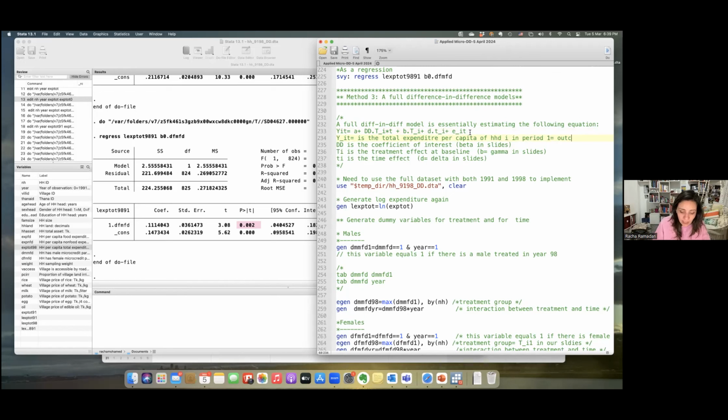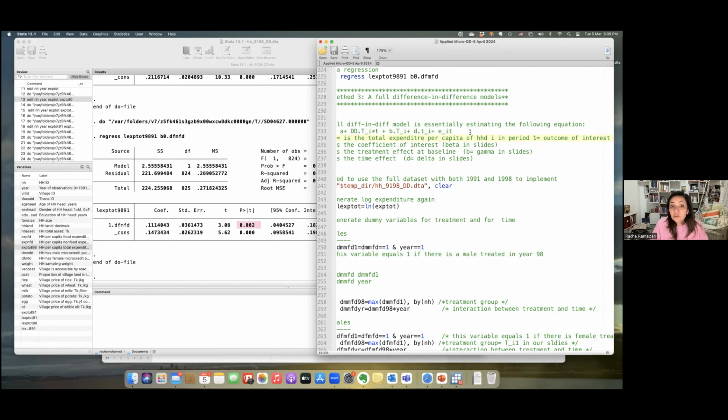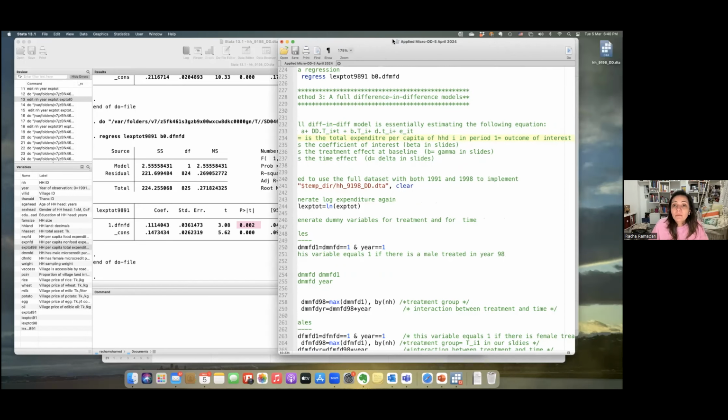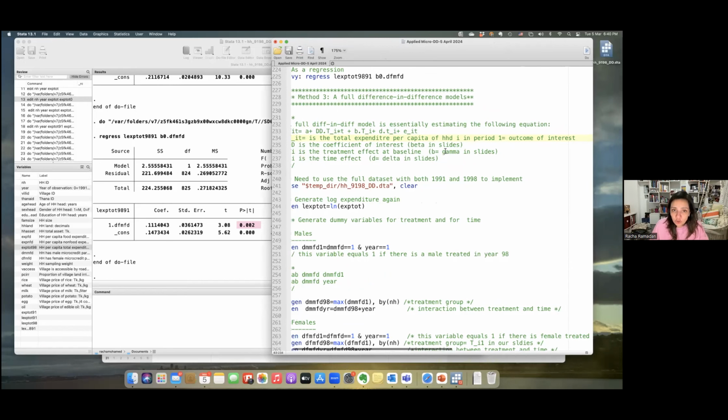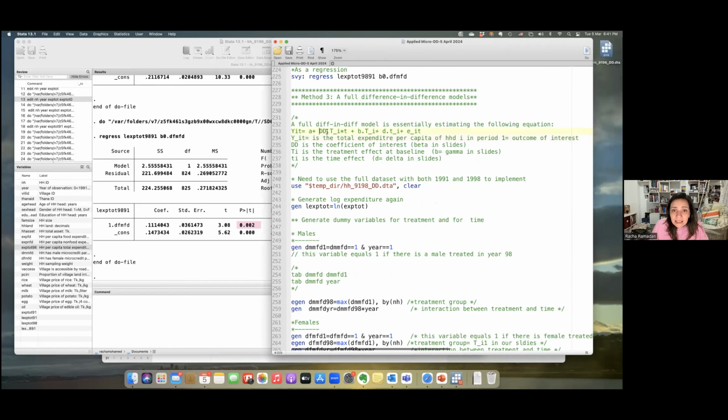This is the outcome we are interested to see if it changed because of our treatment program or not. DD here is the difference in difference coefficient, the coefficient of the interaction between the treatment dummy and the time dummy, which corresponds to beta in the slides.